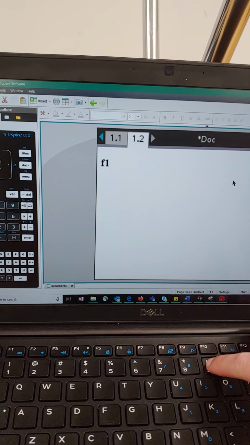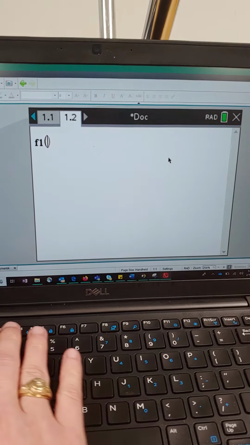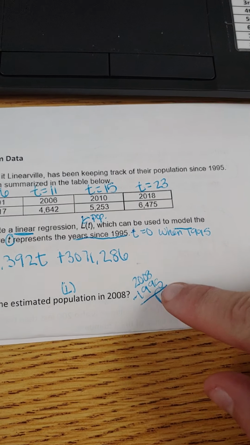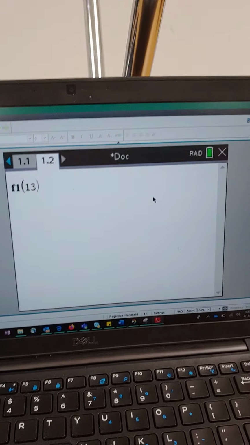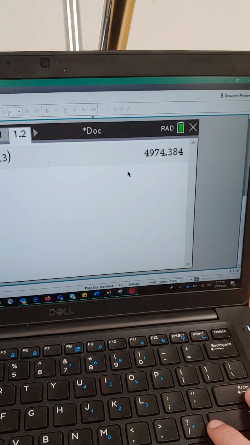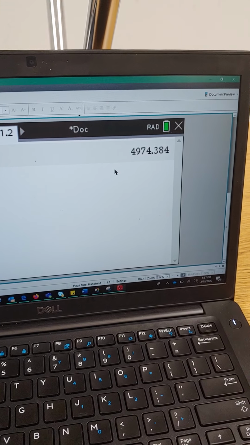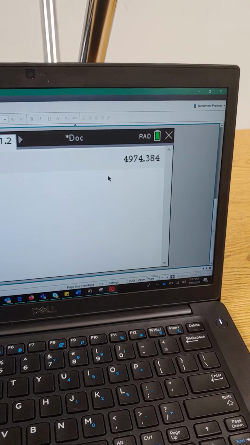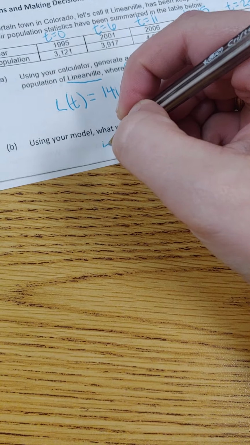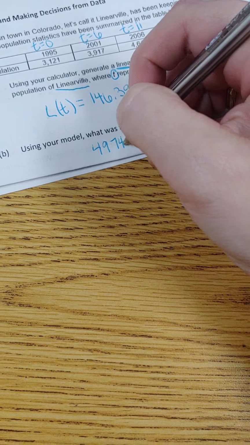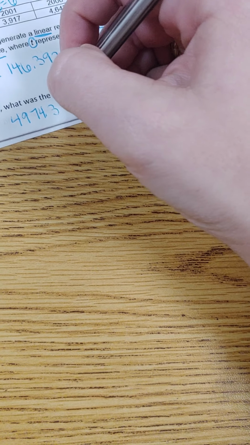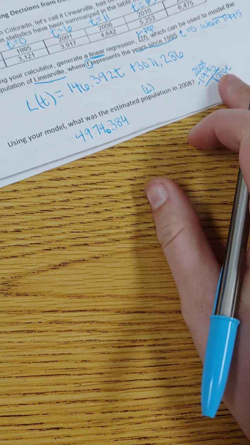And that's going to tell me what my population is when I type in 13, 13 being the years since 1995, which is the year 2008. Push enter, and that is my population, 4,974.384. If they asked you to round, then I would round. If they don't ask you to round, then make sure you include 3 decimal places.